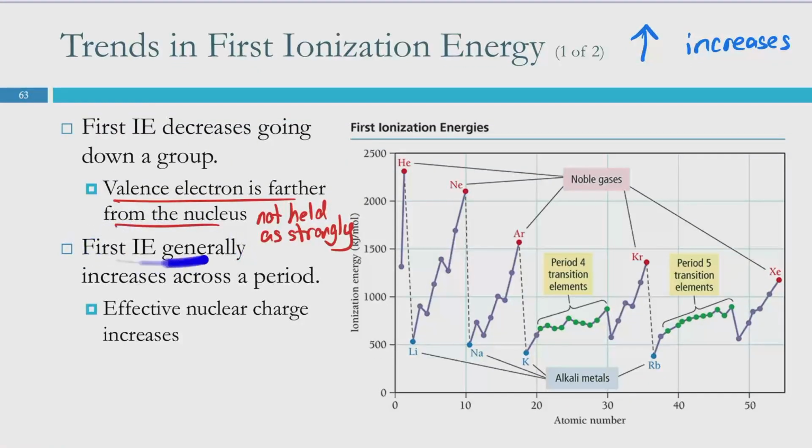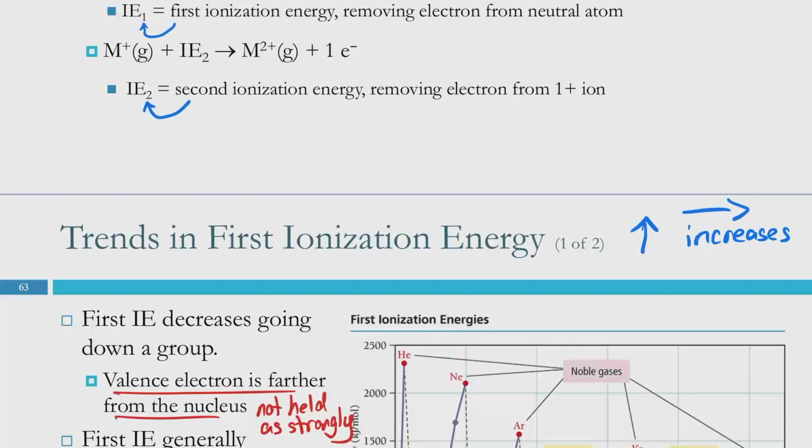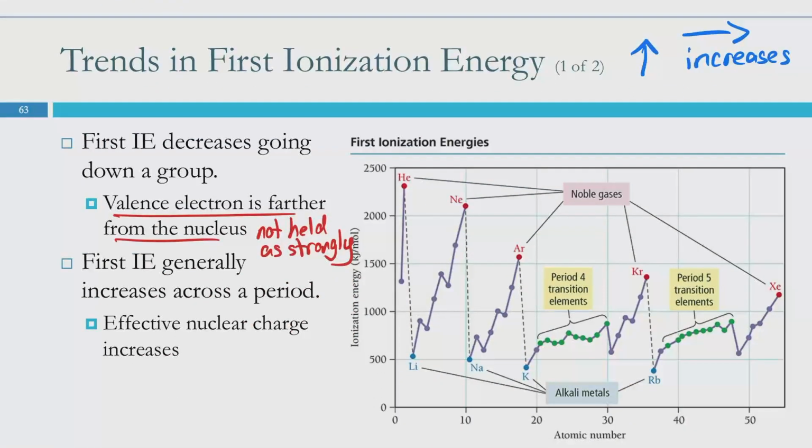Our first ionization energy generally increases across a period. So left to right, we're going to see an increase in our ionization energy. Generally, this applies really well for our main group elements. For our transition elements, they're a little bit wonky. They were also wonky with atomic size.